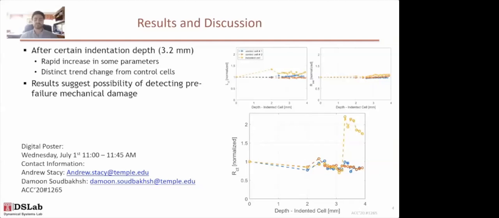Trend changes suggest a promising direction in detecting pre-failure mechanical damage using EIS measurements and ECM parameters. This study is the first step to gain key insights in pre-failure mechanisms in lithium-ion cells, which can lead to major contributions in safe battery usage. Further detail can be found in our paper 1265.